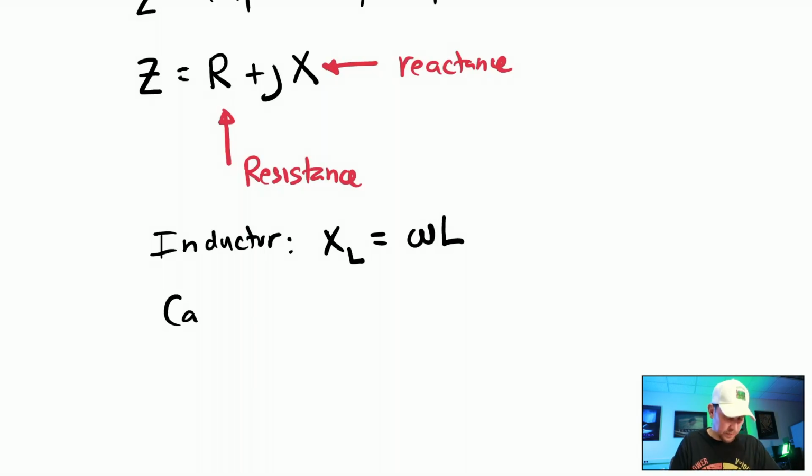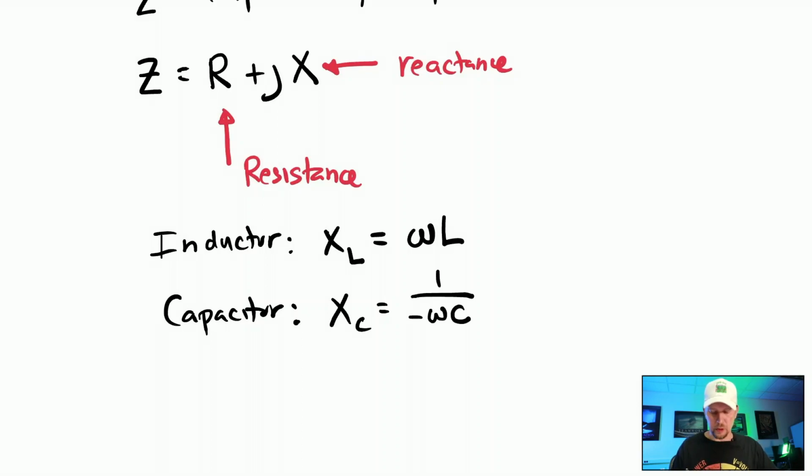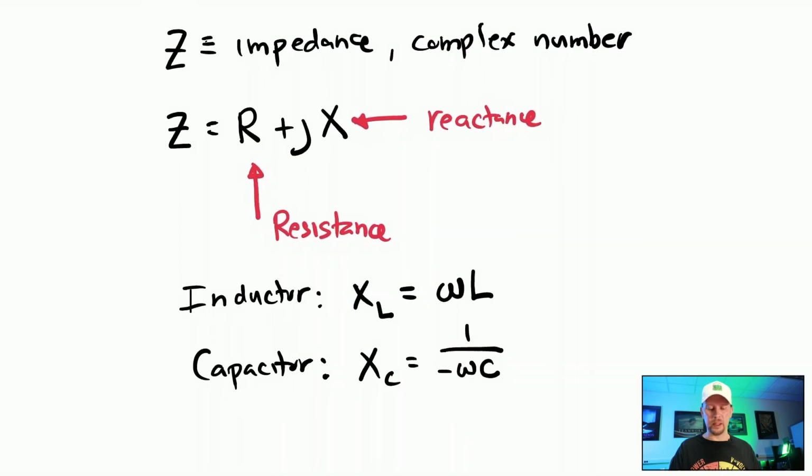While for a capacitor, it has no real part when it comes to the impedance. It does, however, have a reactance, and the reactance of a capacitor is minus 1 over omega C, like this. So I really wanted to keep these terms clear. So far, we have three terms here when it comes to impedance that we need to define very carefully.